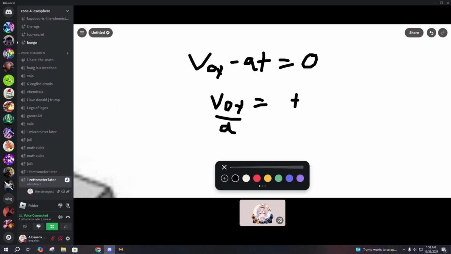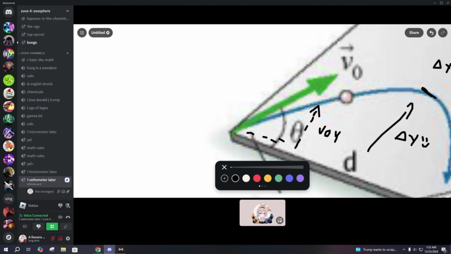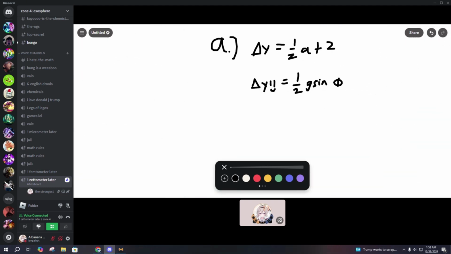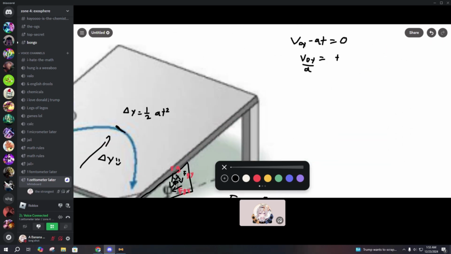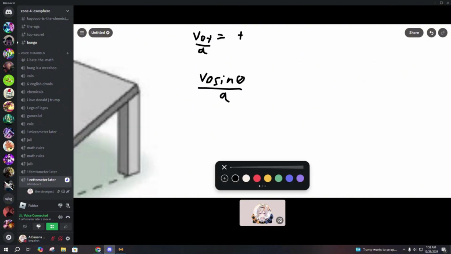So VOY over A, but what is VOY? If I look at the angle, I know there's going to be two components: a VOY and a VOX. If I look at my VO, I know VOY is opposite to the angle, so VO sine theta over A. What is A?